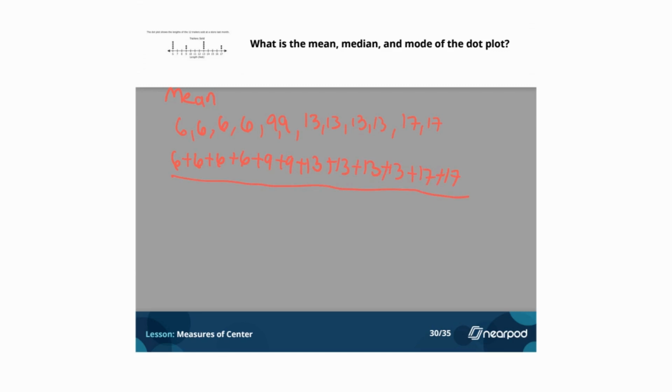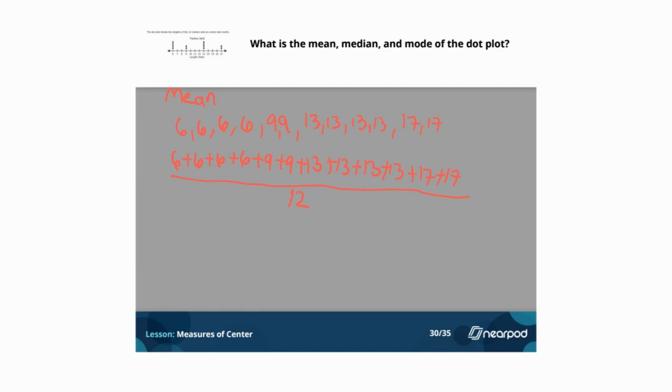All that divided by 1, 2, 3, 4, 5, 6, 7, 8, 9, 10, 11, 12. This time there are 12 numbers. So you need to add up all these numbers on your own, then divide by 12. That is your mean.